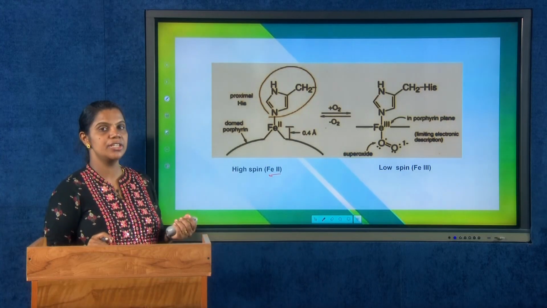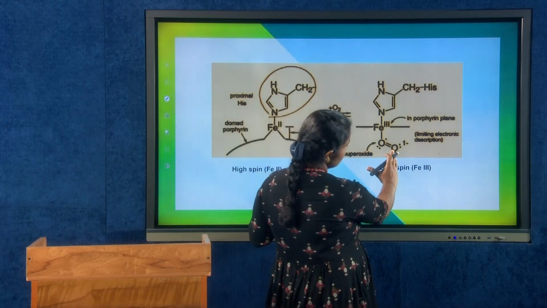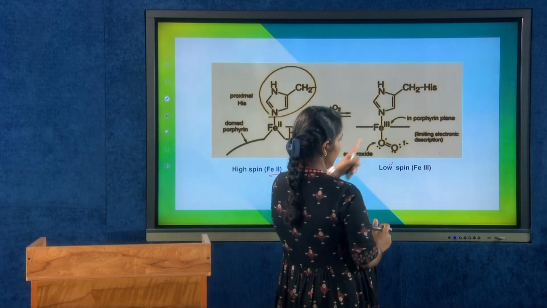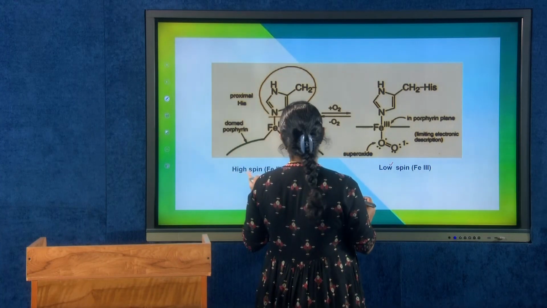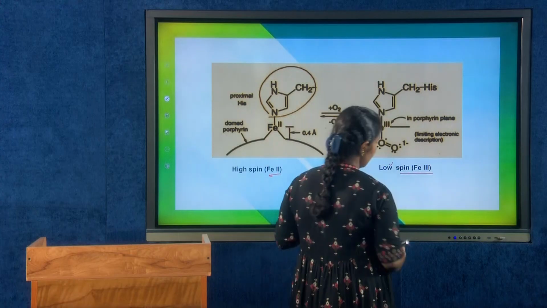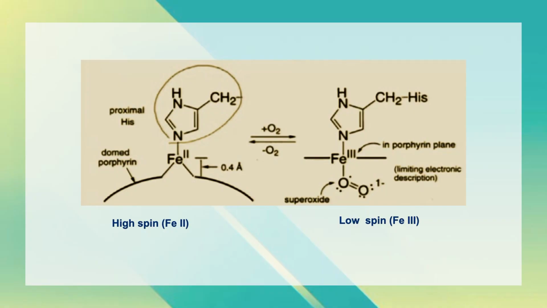After oxygenation, what will occur? The oxygen is coordinated to the iron, but what happens to the oxidation state? Fe2 gets converted into Fe3 and it is low spin. So, in myoglobin upon oxygenation the Fe2 plus high spin state is converted into Fe3 plus low spin state.